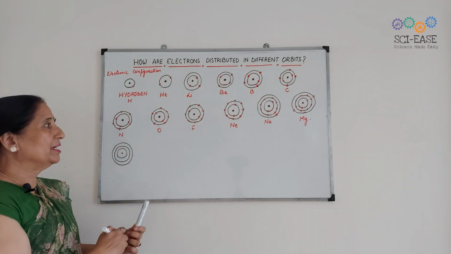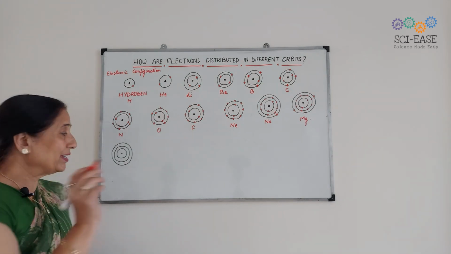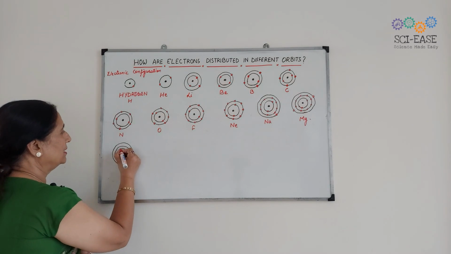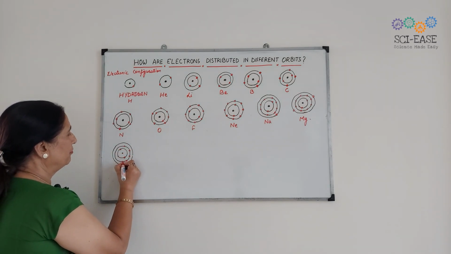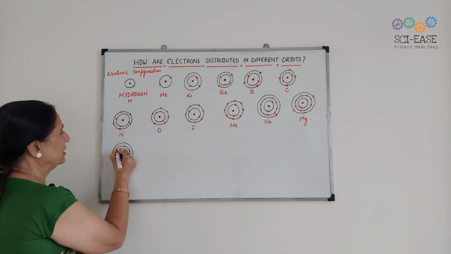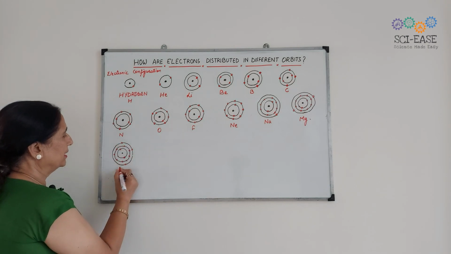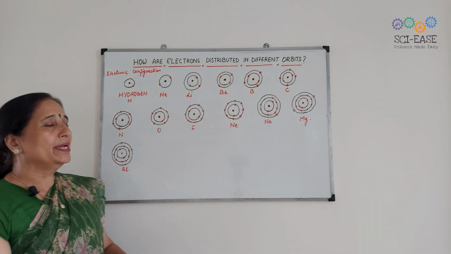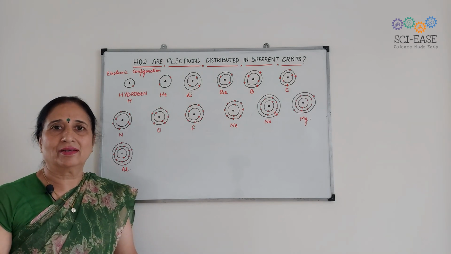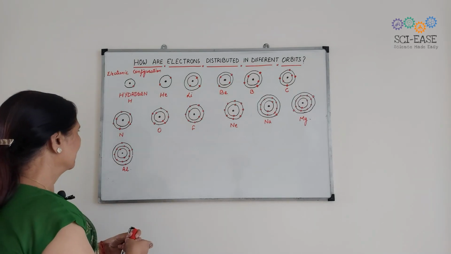For aluminium, the electronic configuration is 2, 8, 3. 1, 2, then 1, 2, 3, 4, 5, 6, 7, 8, then 1, 2, 3. This is aluminium. Okay? 13. 14 is silicon.